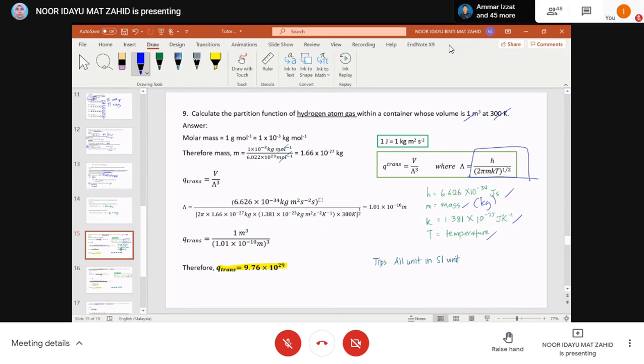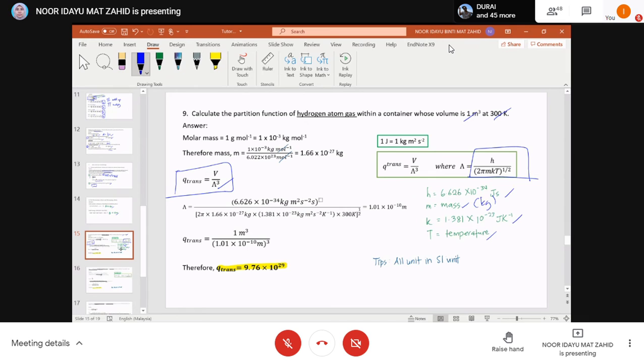So this is the equation, let's solve for lambda first. For lambda, I convert joule into SI unit, which is kg m square s negative 2. For the mass m, we need the molar mass of hydrogen atom gas.